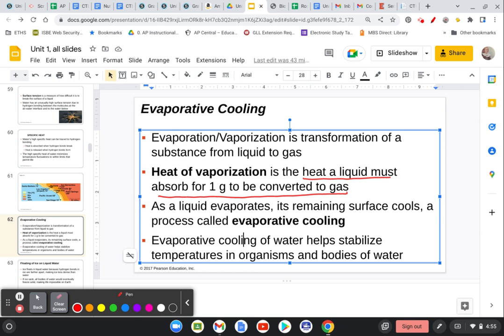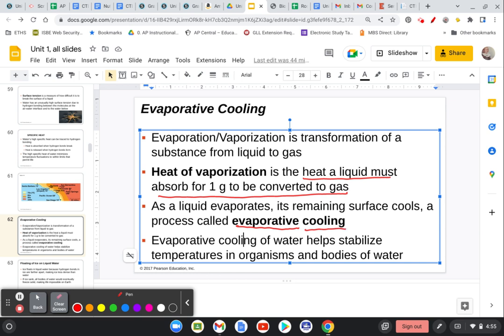And then as you sit in front of the fan or fan yourself off, that water evaporates. And as it evaporates, it is going to take the heat from your body with it, and that will cool your body down.